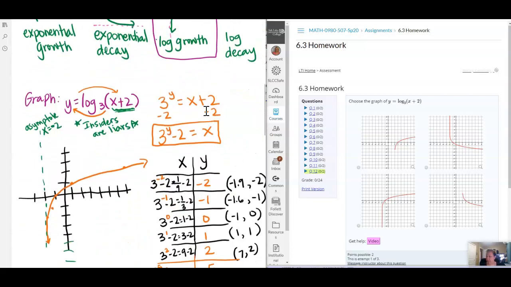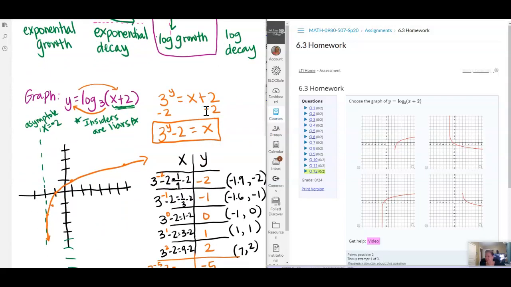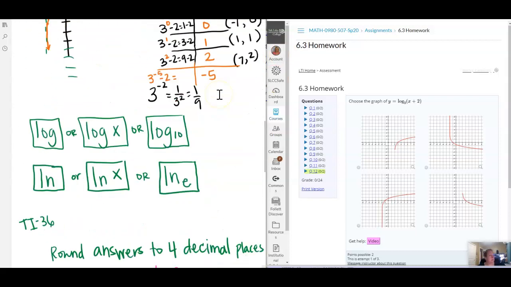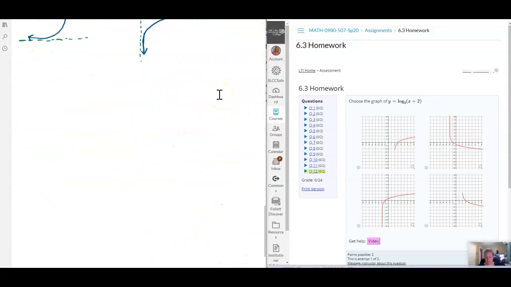So 5.8 is where we talk about some factoring. With the factoring, they first talk about factoring the GCF, and then they talk about factoring trinomials.